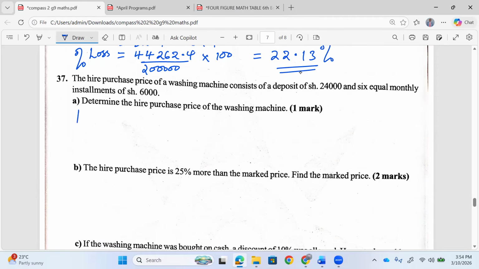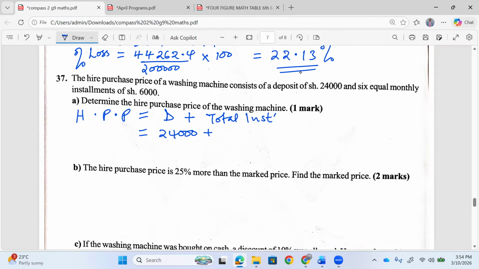You know, hire purchase price is usually given by deposit plus total installments. So we shall talk about a 24,000 deposit and 6 equal monthly installments, 6,000 each.